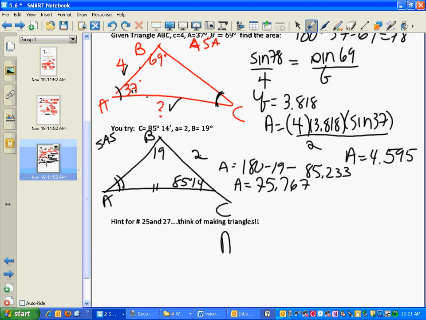And so then area is going to equal, no, can't do area yet. Now we have to find our missing side length of B. We can say the sine of 19 over side length B is equal to the sine of 75.767 over 2.